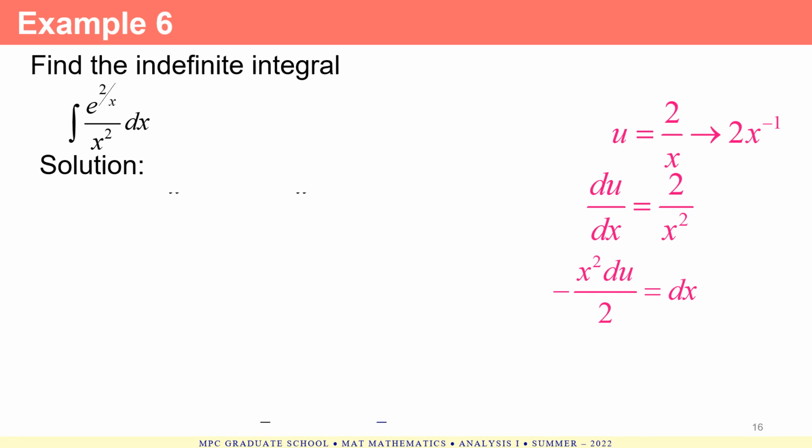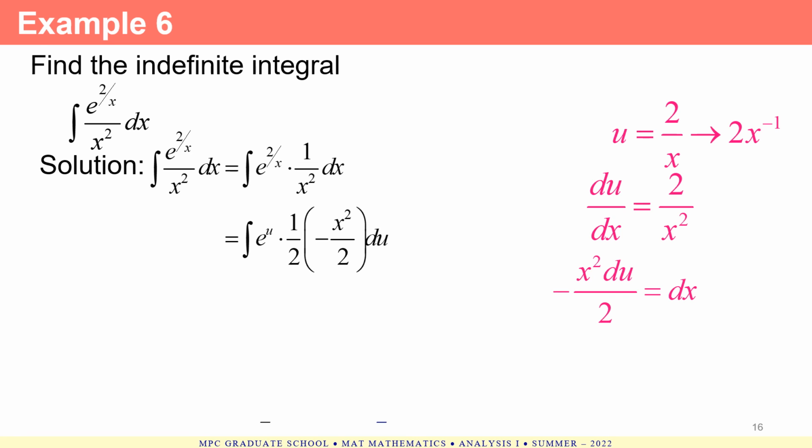So we can also rewrite the given integral from the integral of e raised to 2 over x squared dx to the integral of e raised to 2 over x times 1 over x squared dx. So we convert this in terms of u. That is e raised to u times 1 over x squared times negative x squared over 2 du.